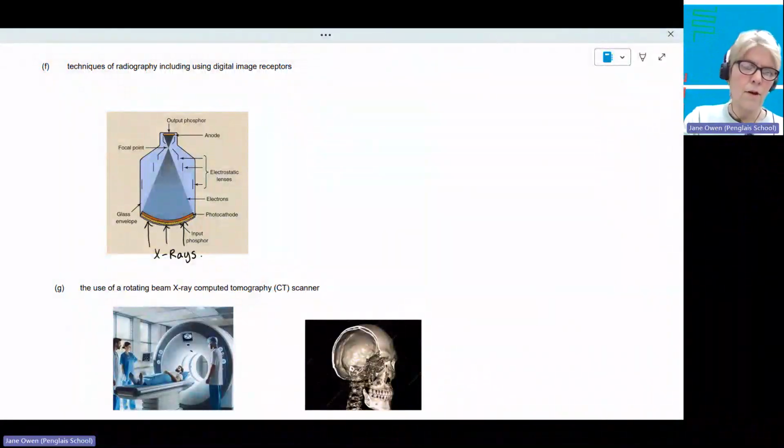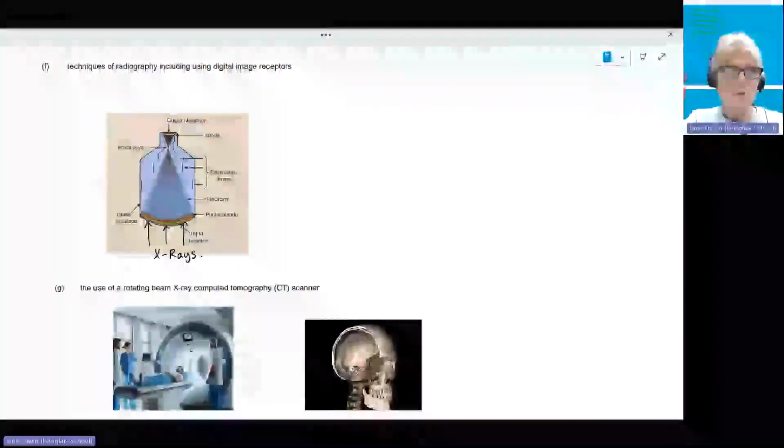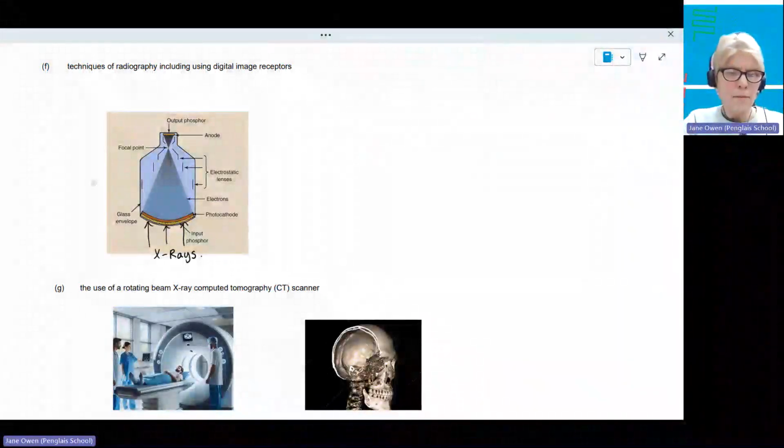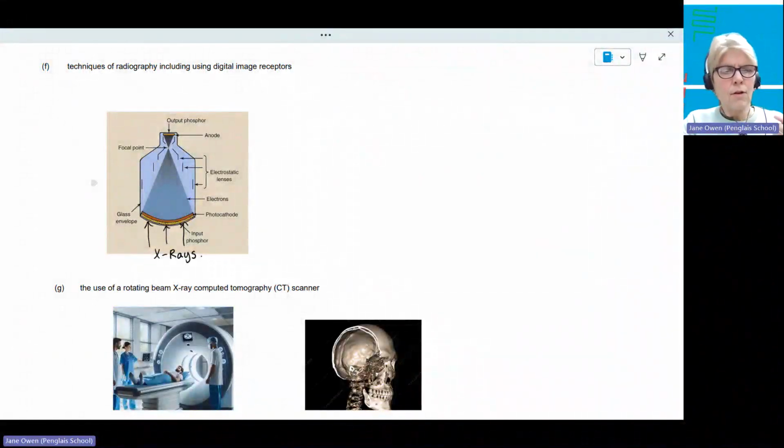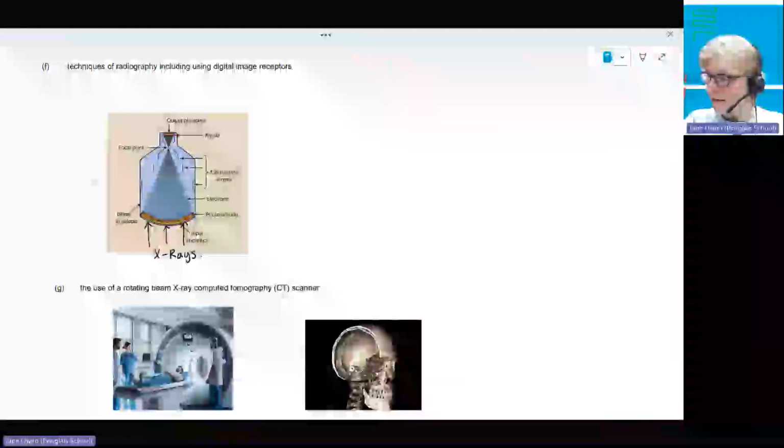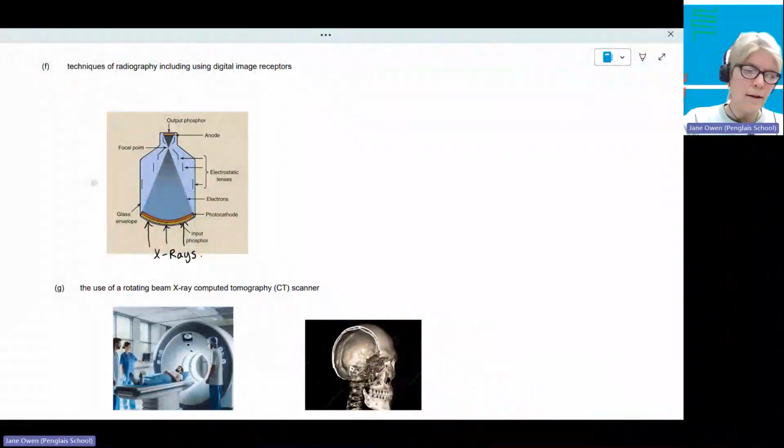Those X-rays go through this photocathode, and it turns the X-rays into scintillations of light photons, and those light photons then produce electrons that are accelerated by the electric field.